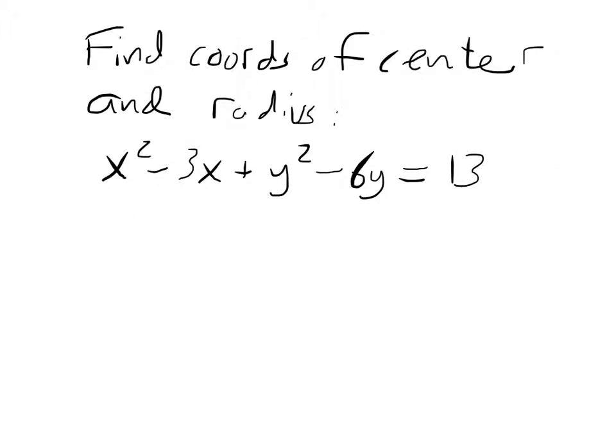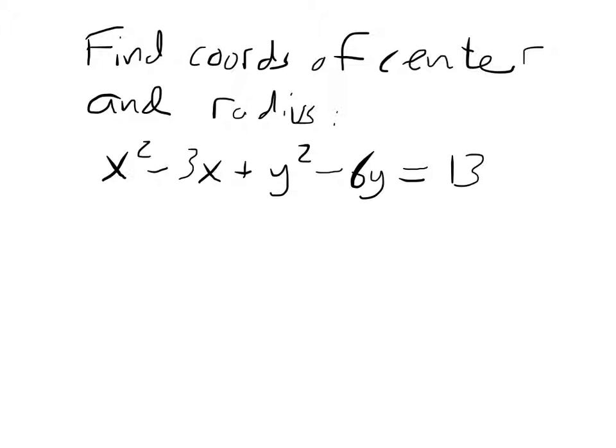So sometimes it's not quite so obvious to be able to read the coordinates of the center and the radius off of an equation that you're told is the equation of a circle. Here I'm giving you x squared minus 3x plus y squared minus 6y equals 13. I don't see a nice x minus h squared plus y minus k squared equals r squared.